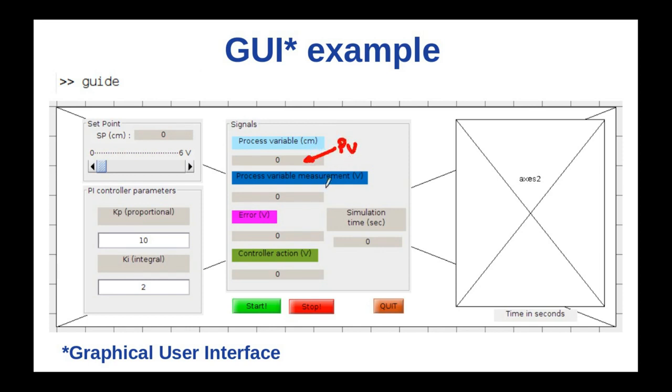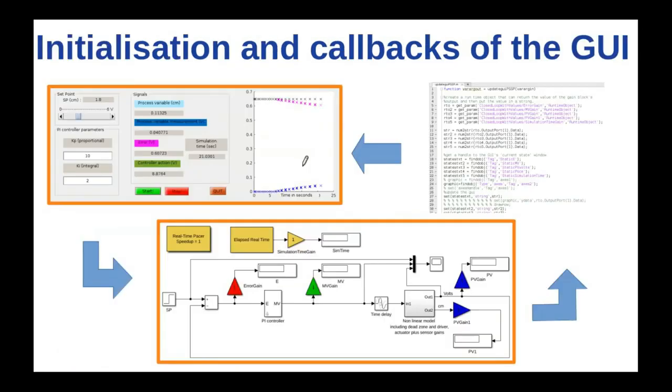This is the PB, but this is in volts, this is in centimeters, this is the error, and so on. So now, what am I doing? Am I searching for all these elements with the specific tag name I define?